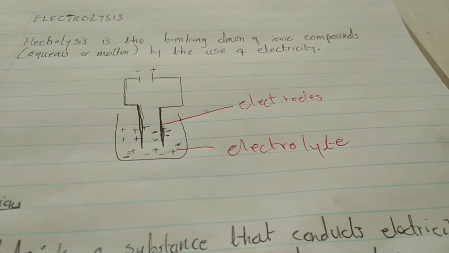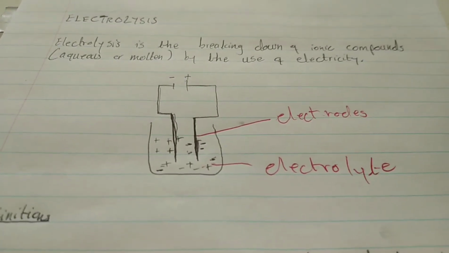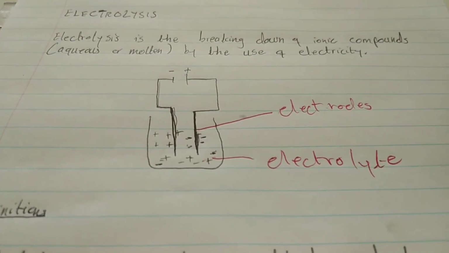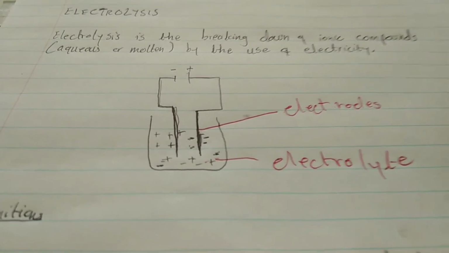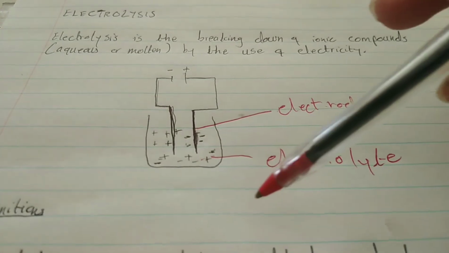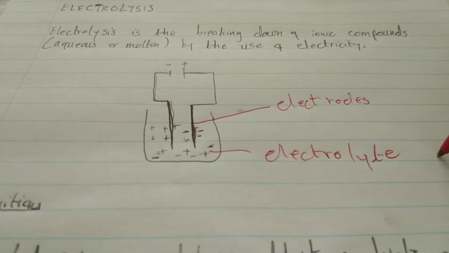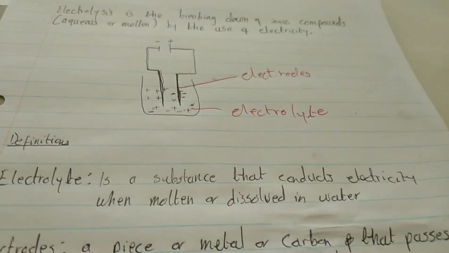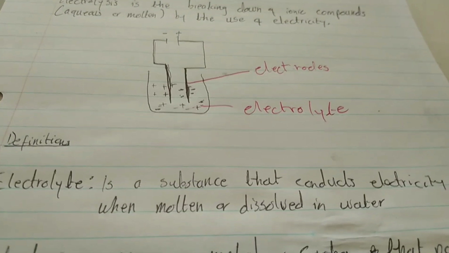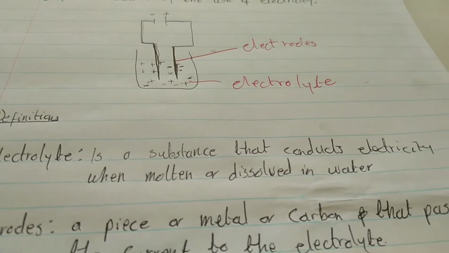So simply, in the setup of electrolysis we have the solution. This solution can either be an aqueous ionic compound or a molten ionic compound, and that we call the electrolyte. We can simply define an electrolyte as a substance that conducts electric current when molten or dissolved in water.